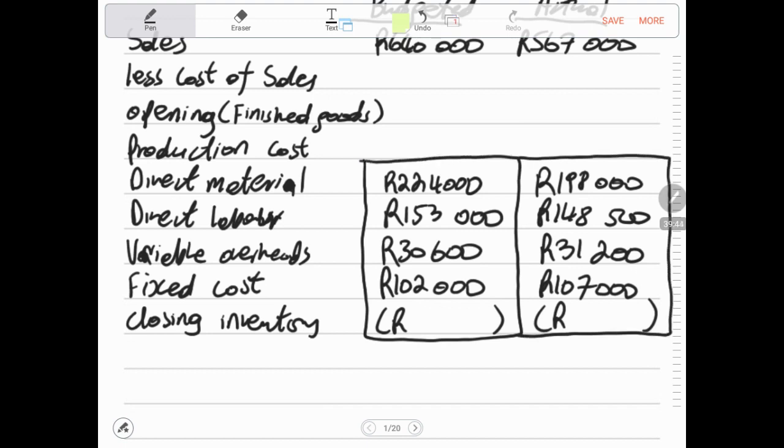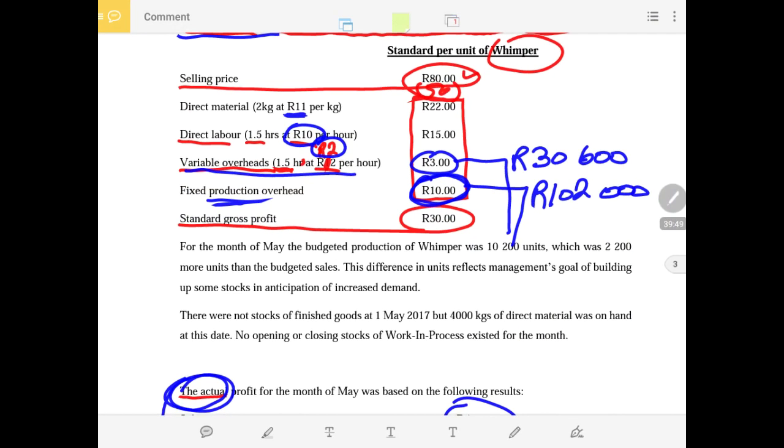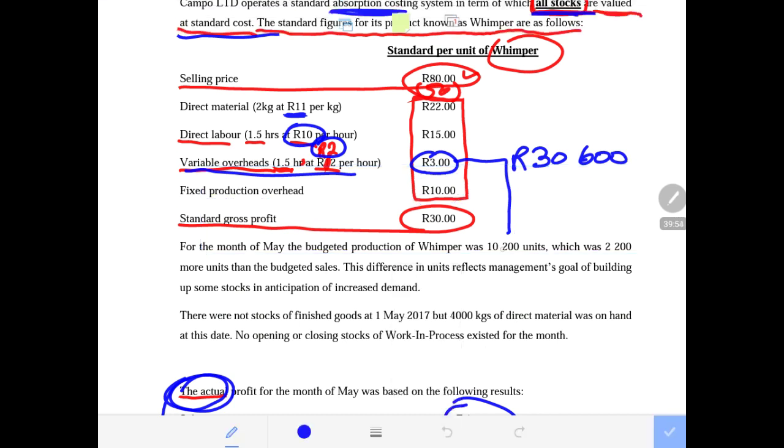Now let me check my inventory that is budgeted to be left at the end of the accounting period. In terms of the budget, remember we budgeted to manufacture 10,200 and we budgeted to sell 8,000. If you remember where the 8,000 is coming from, because it said we budgeted to manufacture 10.2, which was higher by 2.2 than the budgeted sales.